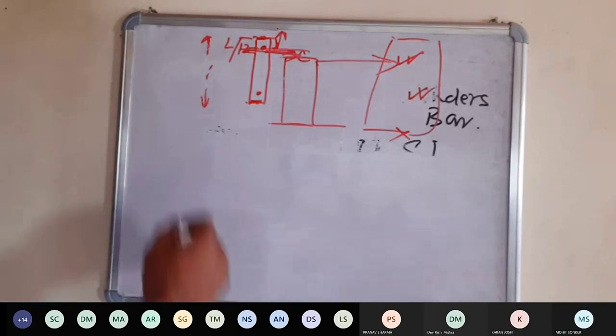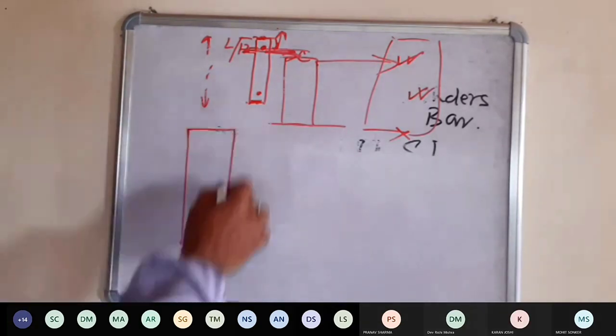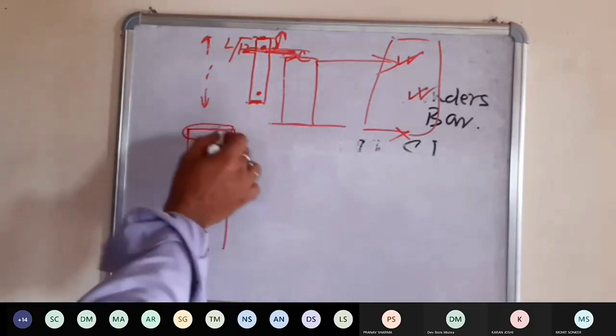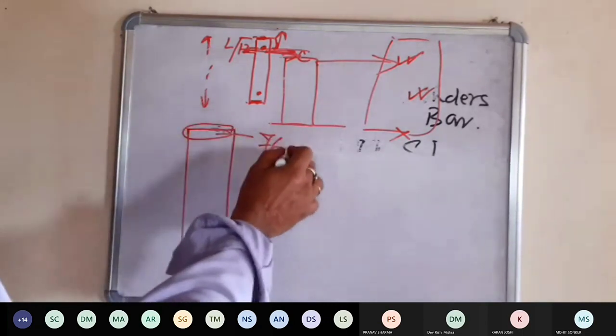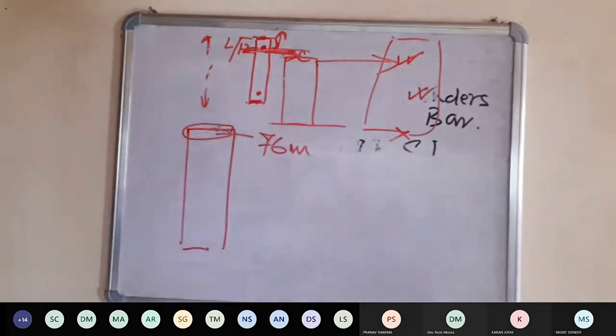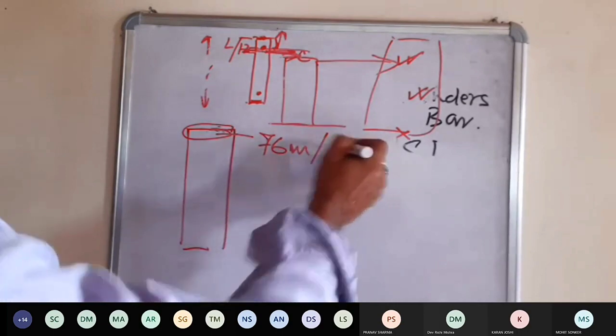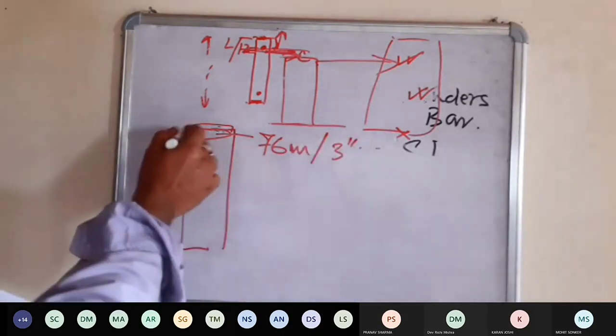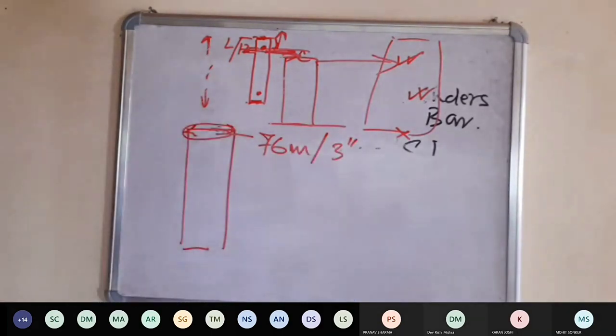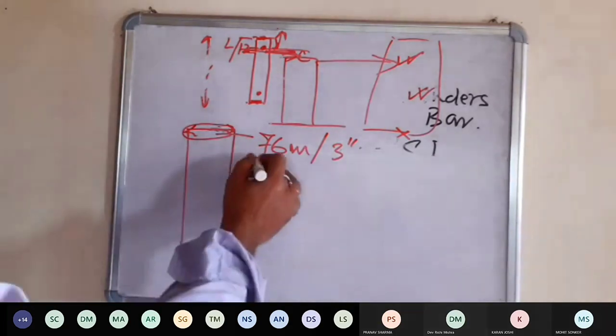Yes. तो Flinders bar है हमारा 76 mm dia, cylindrical.